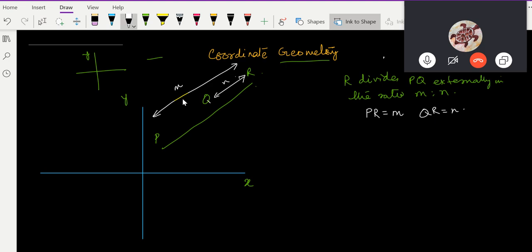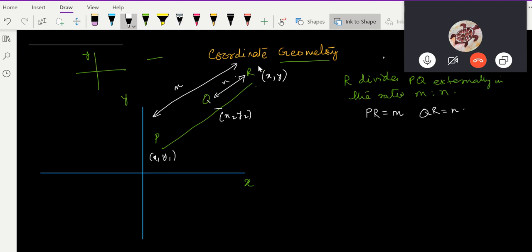So here again P is given as x1 y1 and Q is given as x2 y2, and I am asked to find the coordinates of R, which is unknown. So I will assume this is x and y. Whatever is unknown, we'll assume x and y. That's the rule.